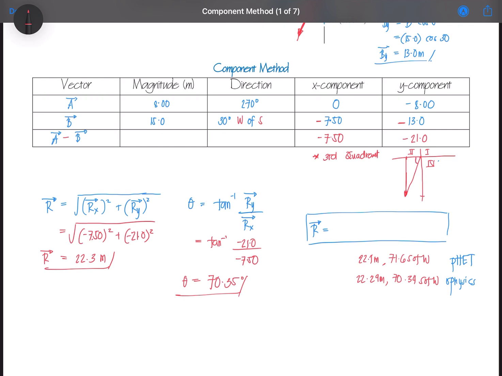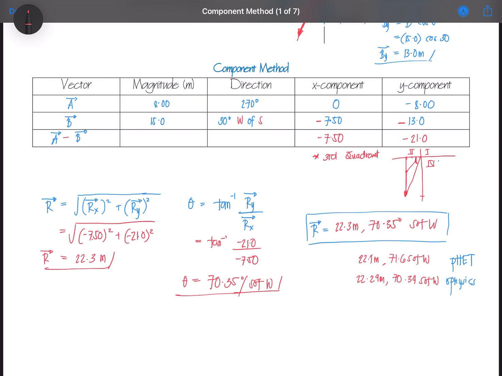This is the enclosed angle. Opposite and then adjacent. So that is now south of west. Okay, so 70.35 degrees south of west. If you're going to summarize that, the answer is 22.3 meters, 70.35 degrees south of west.